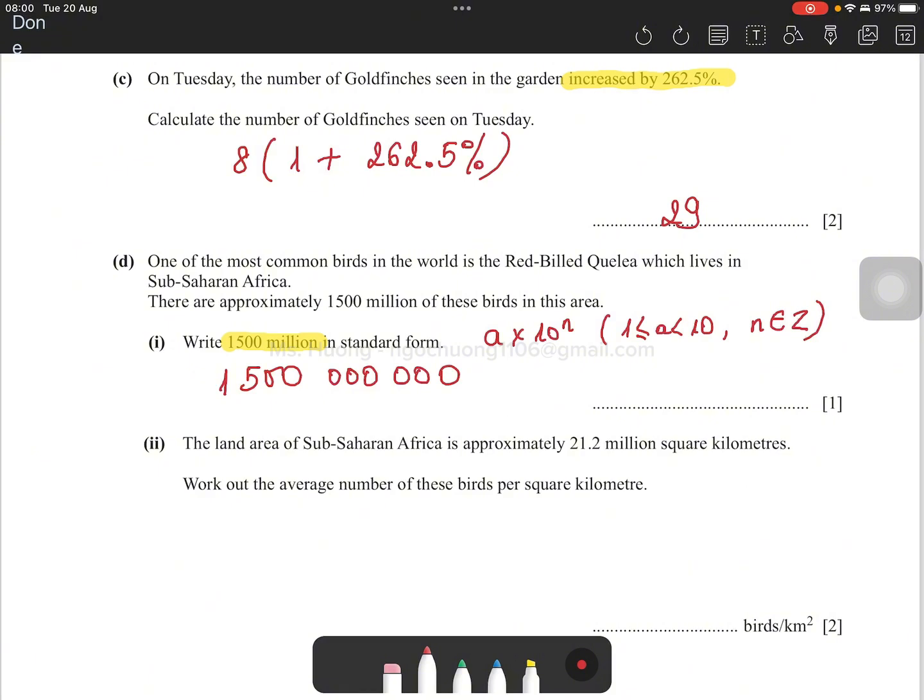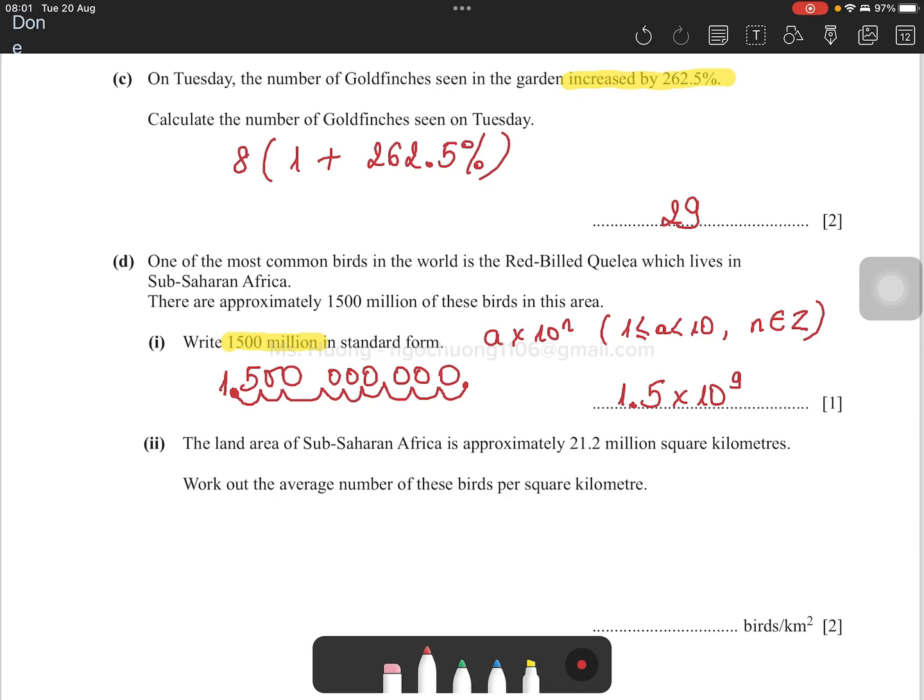So to get the value of A, we need to move the decimal point 1, 2, 3, 4, 5, 6, 7, 8, and 9. Because 1.5 is between 1 and less than 10. And you see that we need to move the decimal point 9 places to the left. So it means 1.5 times 10 to the power of 9.